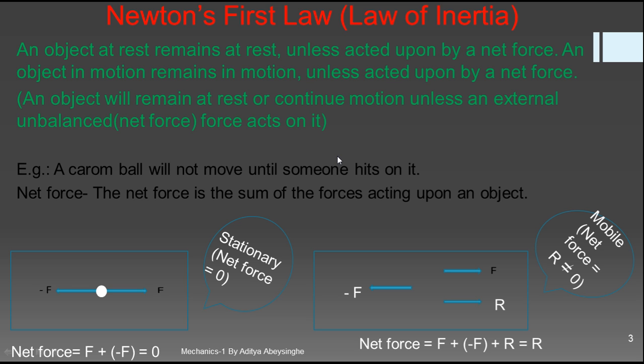So if the net force is 0, the object is stationary or remains at rest. However, an object in motion remains in motion unless acted upon by a net force. It can also move with a constant velocity, and the movement is not changed until a net force like this R acts upon it.